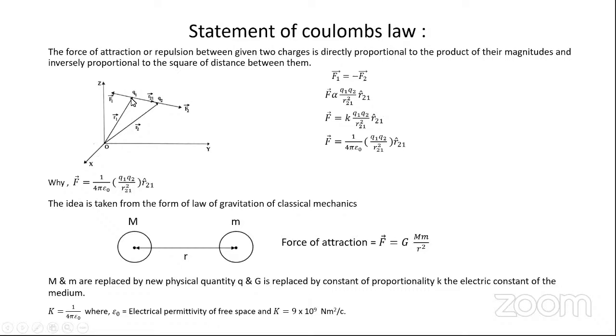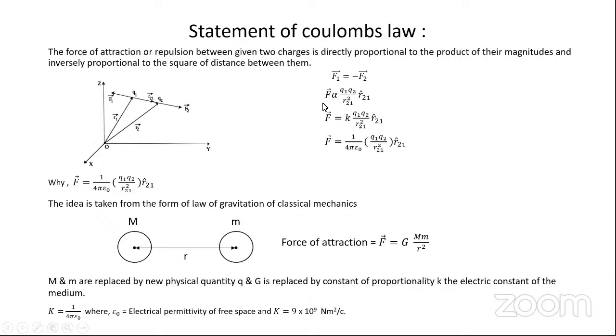Now here the charges q1 and q2 are of the same nature, both positive, therefore there is a force of repulsion. Q2 will exert a force on the Q1 charge, and Q1 exerts a force on Q2 in the opposite direction; they are equal and opposite, so the other is minus F. Now let us convert this statement into mathematical form.